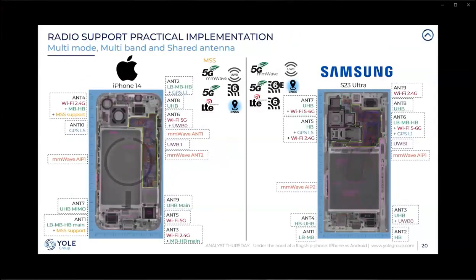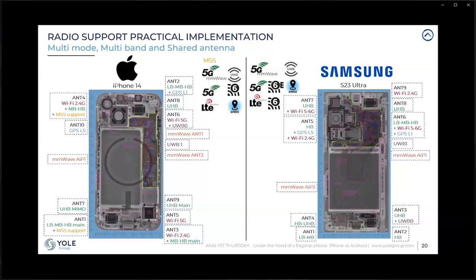On the antenna part, you can see this is quite complex. You have more than 10 antennas in the case of iPhone 14, and still also in the case of the S23. You need to route these different radios with different standards to the RF front-end components, and you need to mix and match the different signals.